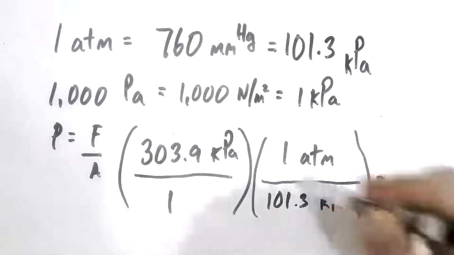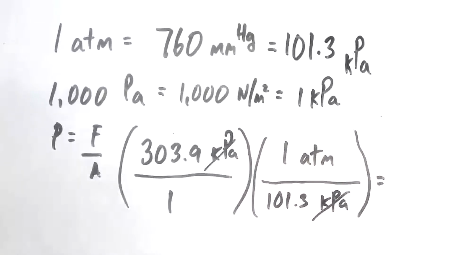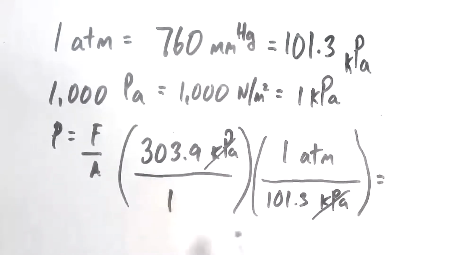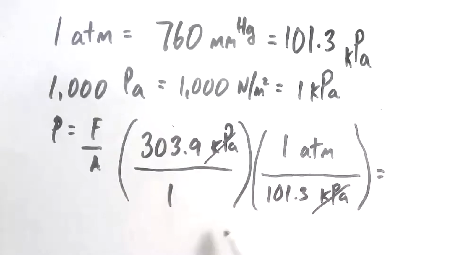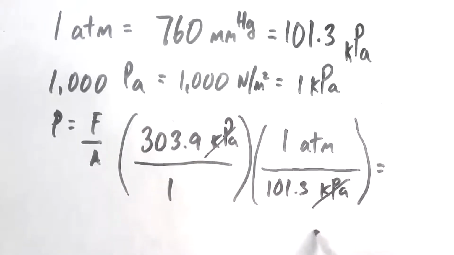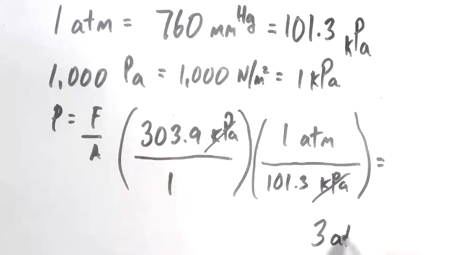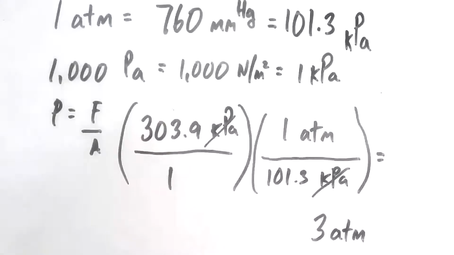And so we cancel the kilopascals. In this case, notice that we have a non-1 number on the top and a non-1 number on the bottom. Here we're going to divide. So when you get done doing the math, we determine that that would be 3 atmospheres of pressure. Unpleasant, but perhaps not fatal to any of us.